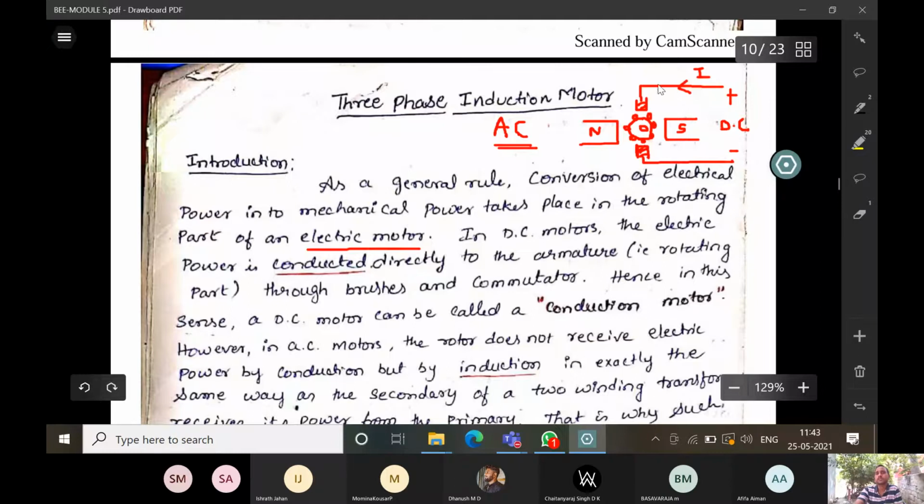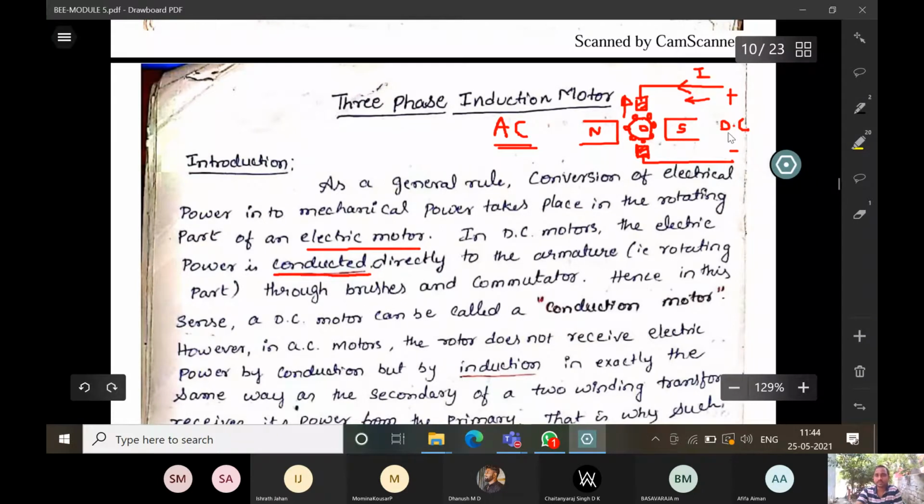The current flows directly through the brushes and the armature. So electrical energy is the input, and it is converted into mechanical energy through direct conduction, conducted directly through the armature, through the brushes and commutator.